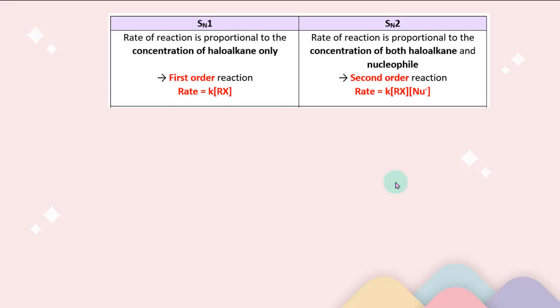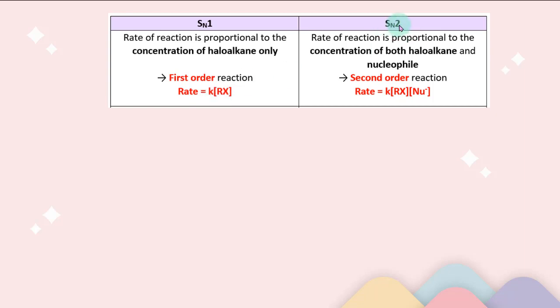Now we want to look at the comparison between SN1 and SN2 mechanisms. For SN1 mechanism, the rate of reaction is proportional to the concentration of haloalkane only. So SN1 is a first order reaction. Rate equals k[haloalkane] raised to power 1. This is the rate law.